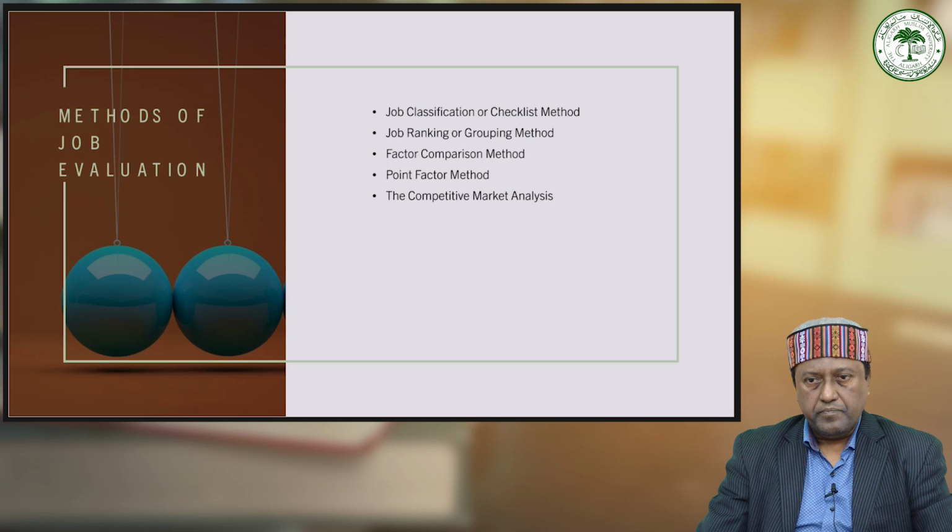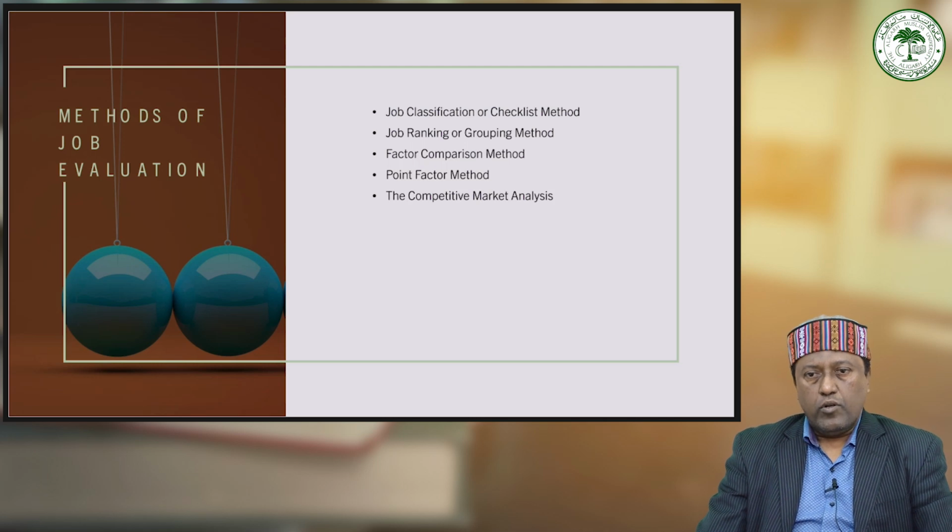One more limitation, this is limited applicability in larger organizations. In larger organizations with diverse job roles, the job ranking method may be less practical. It might not capture the complexities of various jobs across different departments or functions, making it challenging to establish a comprehensive and accurate ranking.